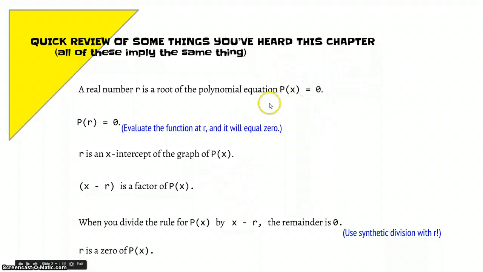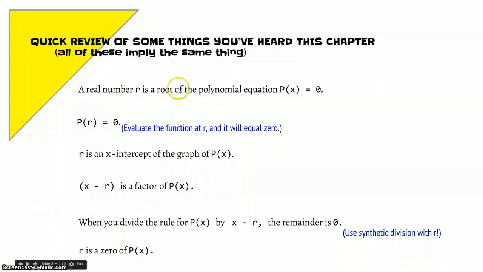All of these are very connected. The last one being r is a zero of p of x. Zero, root, x-intercept, having to be a factor. These are all connected, which is super cool, because when we say one thing, it can lead us to something else. When we say we have a root, it can lead us to getting a factor. When we say we have a factor, we know an answer, right? If we have a zero, if it says find the zeros, we're finding the roots.